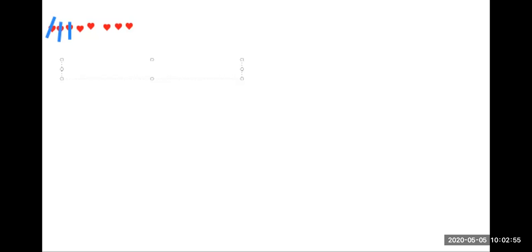Eight. Very good, 8. So then which symbol will be put there? Plus or minus? Yes, 8. Then 8 minus, very good, minus. Then how many?